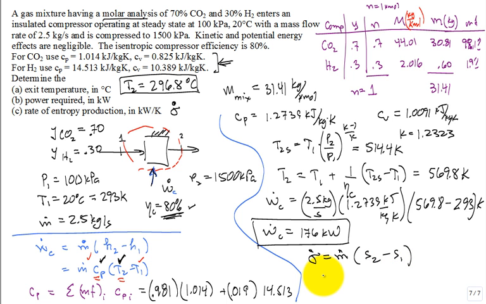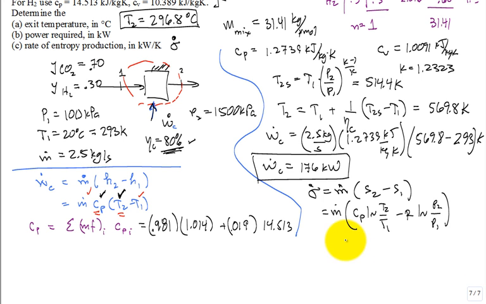So would the delta S be something like C sub P natural log T2 over T1 minus R natural log of P2 over P1? Okay. Two things. One is I can do it for each one, or I can say this is C sub P of the mixture and that's R of the mixture.